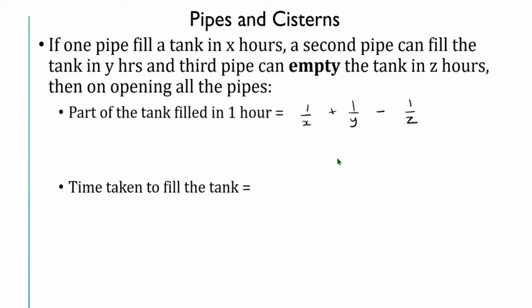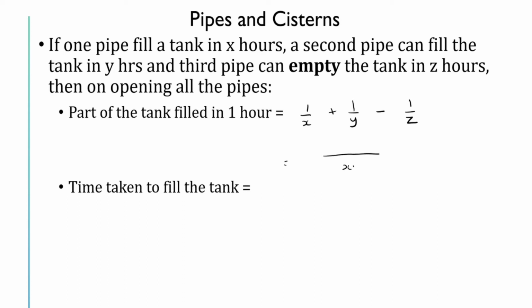Because in 1 hour, the first pipe will fill 1 by X part of the tank, in 1 hour the second pipe will fill 1 by Y part of the tank, and in 1 hour the third pipe will empty 1 by Z part of the tank. Therefore, the part of the tank filled in 1 hour will be equal to 1 by X plus 1 by Y minus 1 by Z. Again, let us take LCM and simplify this.